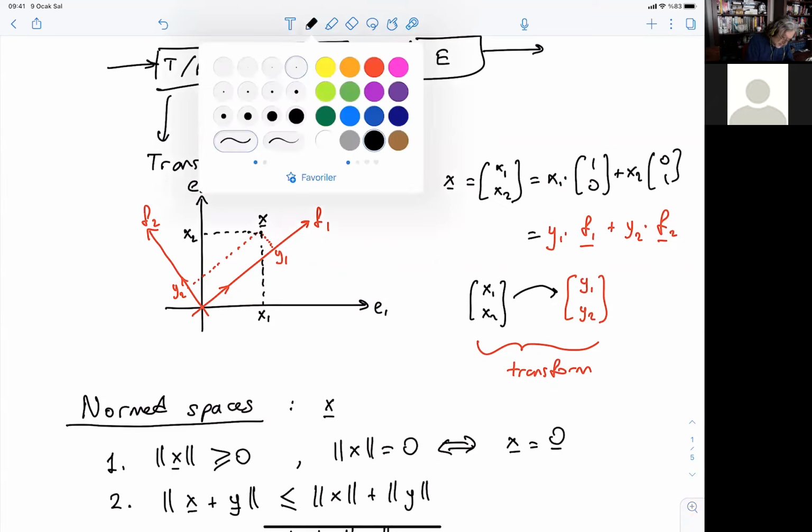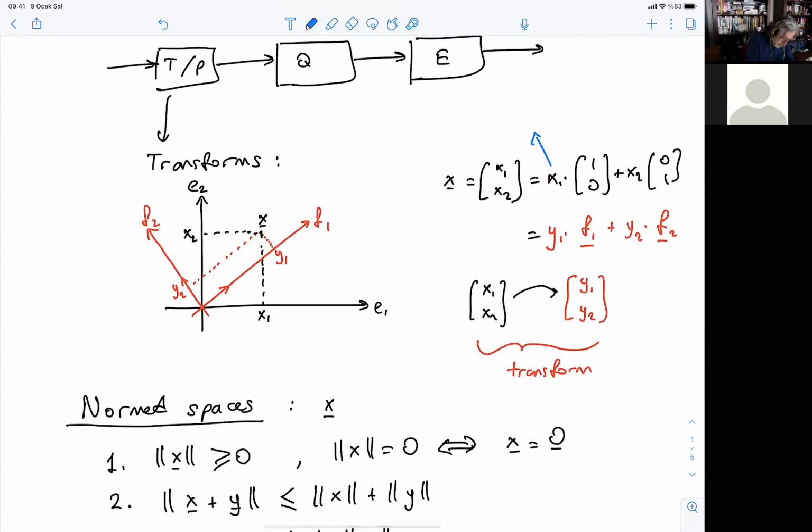So that's how you define x1. Therefore, x1 is equal to the inner product of x and E1. That's how we find it. And similarly, x2 is equal to the inner product of x and E2.